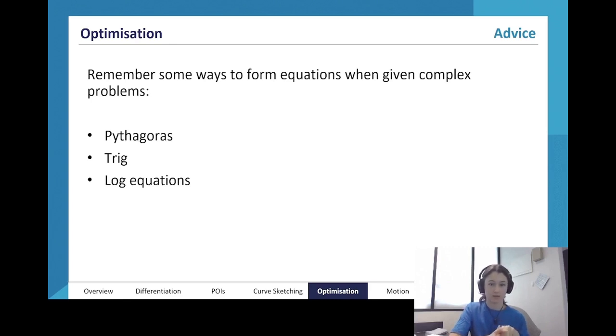If you have something like population, where you need to model the population using logs, which you probably would have gone through at the beginning of the year, using log equations can also help. One other thing is to look back through the formulas on your formula sheet right at the beginning for area and volume and perimeter and stuff like that. Those can typically help as well if you have some kind of shape.